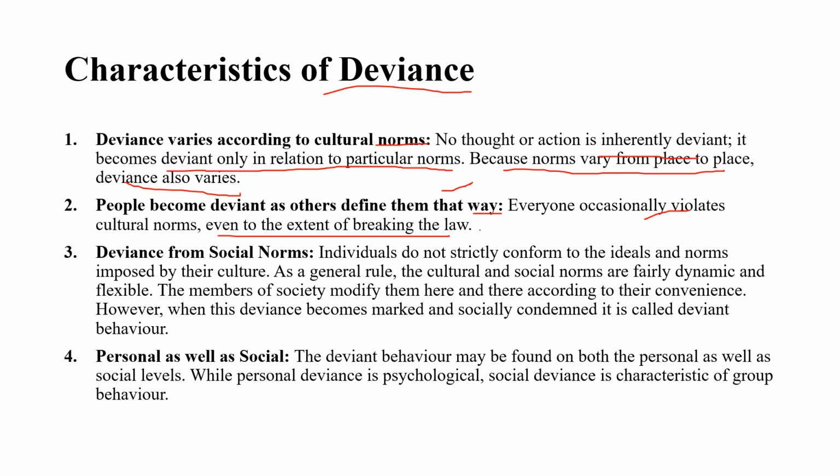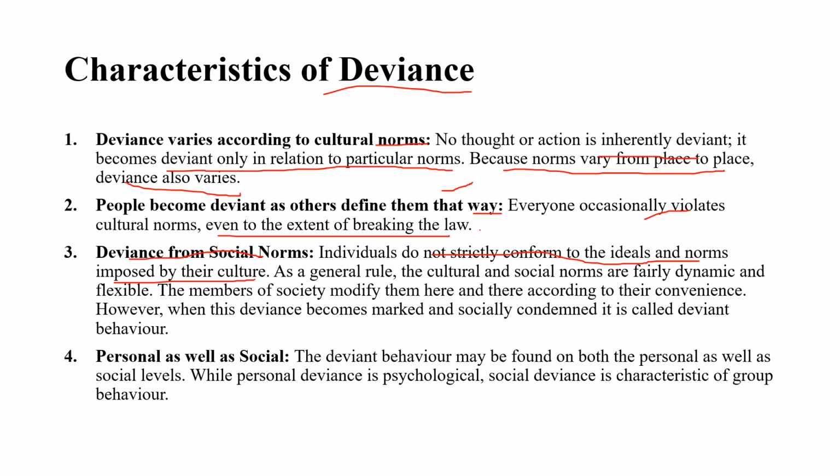Third, deviance from social norms. Individuals do not strictly conform to the ideals and norms imposed by their culture. Mostly this happens, and there are a lot of problems when there is a force of modernity and you're trying to balance it with your traditional system. There has to be an imbalance between the two.